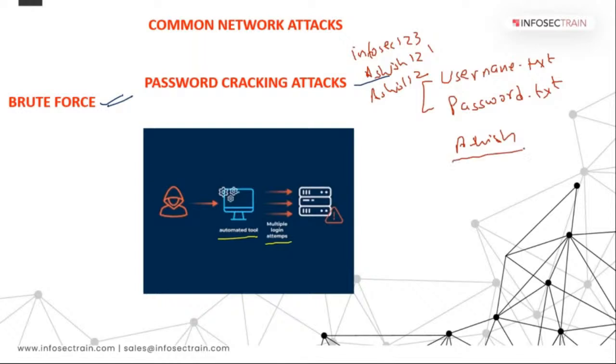So with this username, it will try all these three passwords to see if they work. If not, it will move on to the other username. Let's say the other username is Anurag, right? So it will check that as well. So with this second username, it will try all the password combinations.